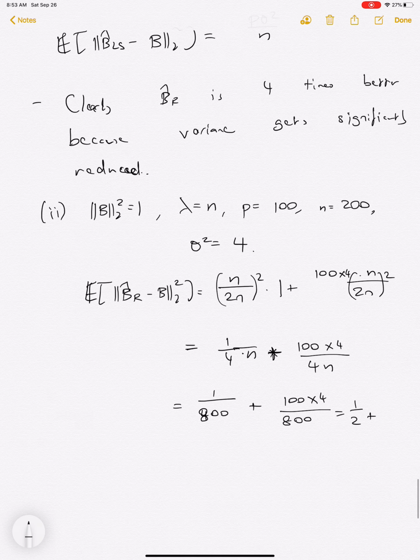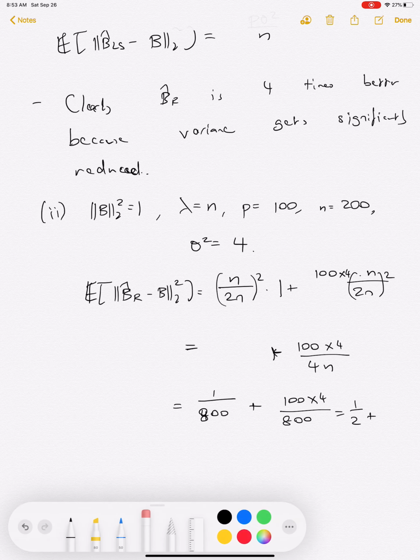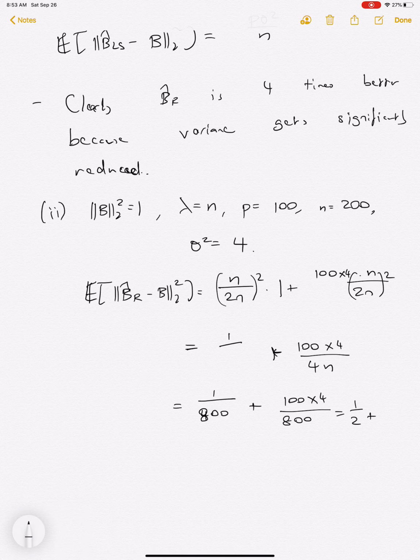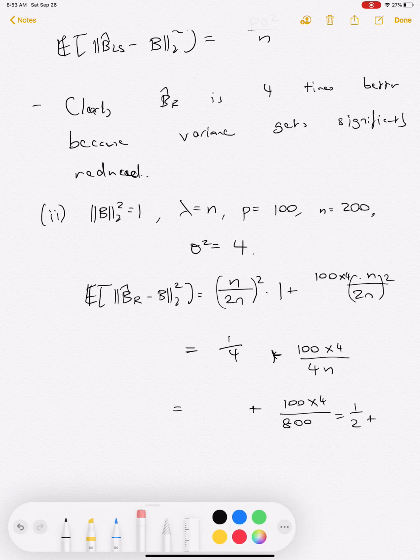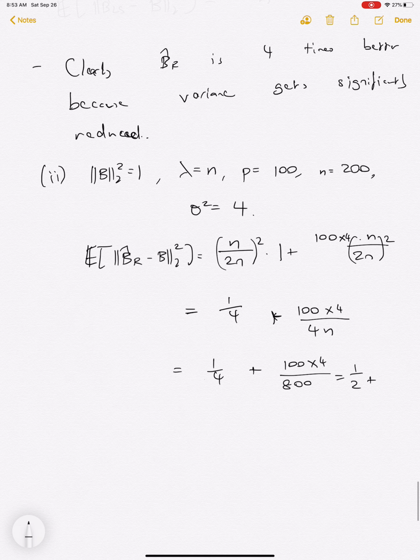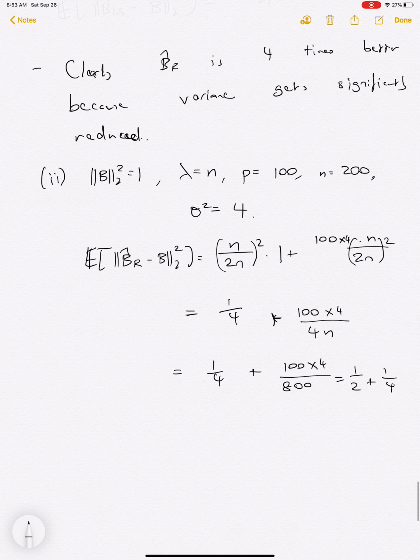This shouldn't be 1 over 800, sorry. So you should get a quarter, and so that should be 1/2 plus a quarter, which should be 3/4, hopefully. So you can check that.